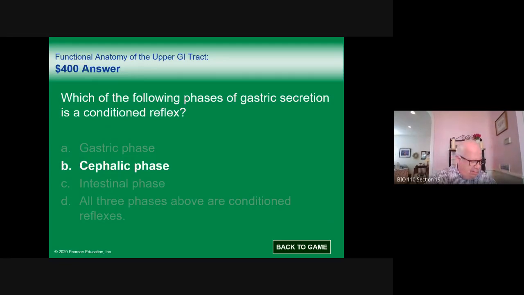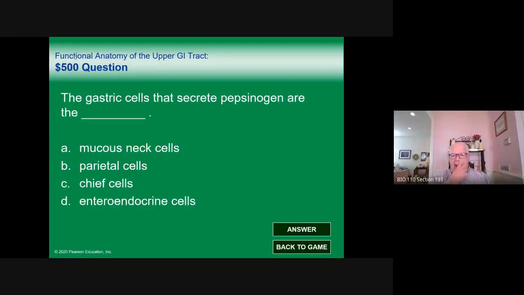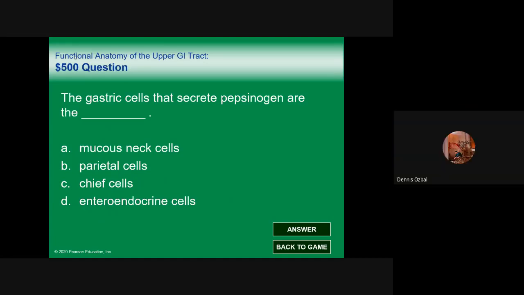Dennis. Okay. The gastric cells that secrete pepsinogen are the, I guarantee you, I'm going to ask you this question on exam number 3. I guarantee it. It's either B or D, right?